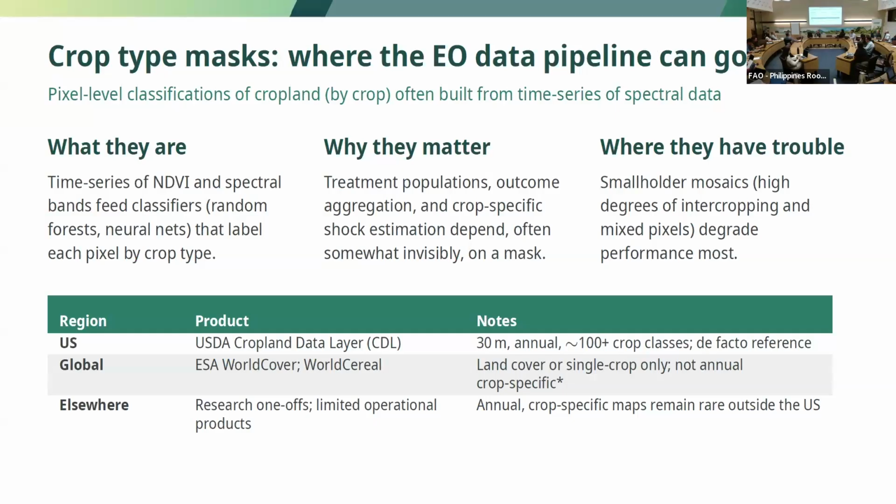So for crop type masks, the important takeaway here, in the spirit of time, is that crop type masks are not actually truth. They are estimates, they are classifications of a gridded area, and you have to put every single grid cell into some sort of class.